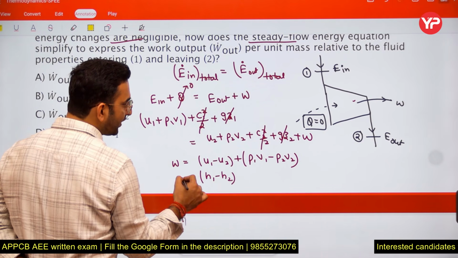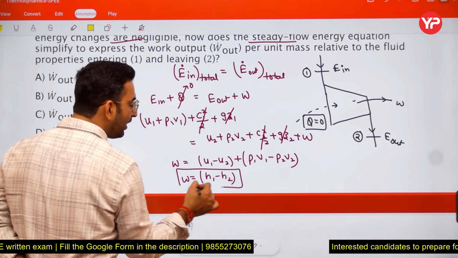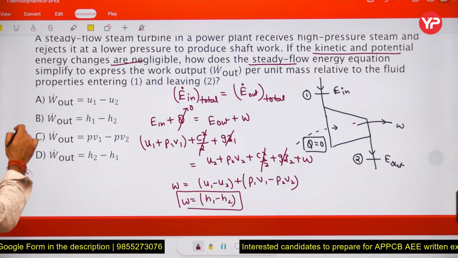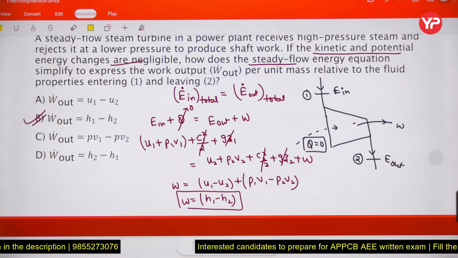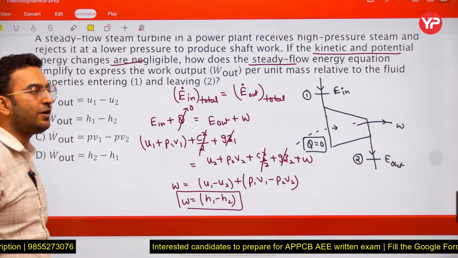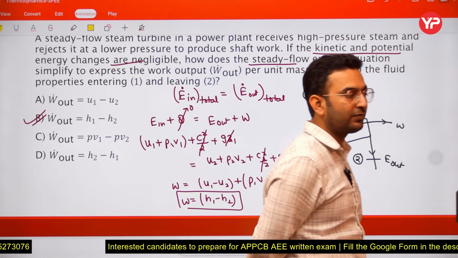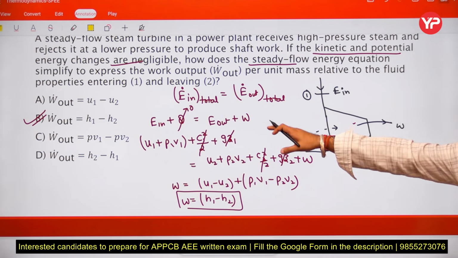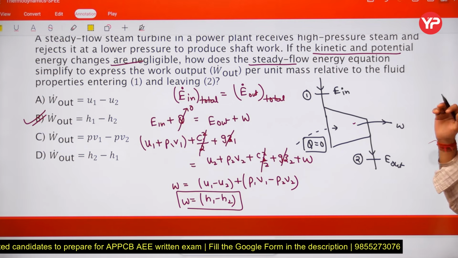Always remember that the expansion of steam in a turbine is represented as an adiabatic, isentropic process. So the work which is getting out from the system is equivalent to the change in enthalpy here. Both the internal energy and the flow work will be there, and both may get changed.